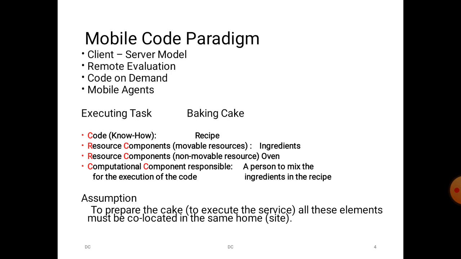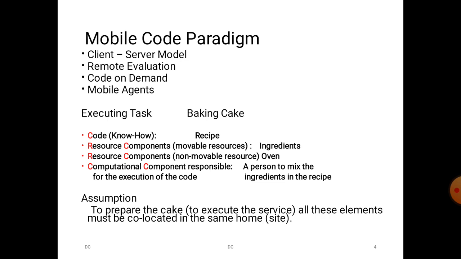Here we have an example. In that example, we will assume that we are going to bake a cake. There is a client, that is a customer, and there is someone who is an expert in it. How do they communicate? The process is that we are going to bake the cake. Let us see how we can relate our process with baking a cake.